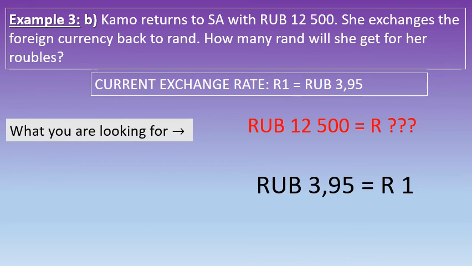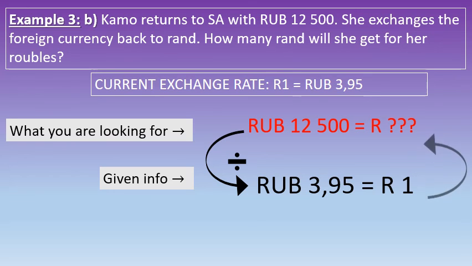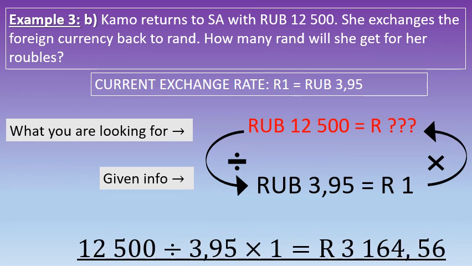So when I write down my given information, I keep my rubles on the left, my rands on the right. We divide down, multiply up. 12,500 divided by 3,95 times 1 gives us 3,164 rand 56 cents. Not so bad.